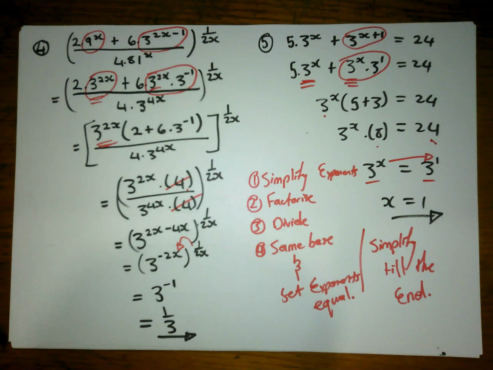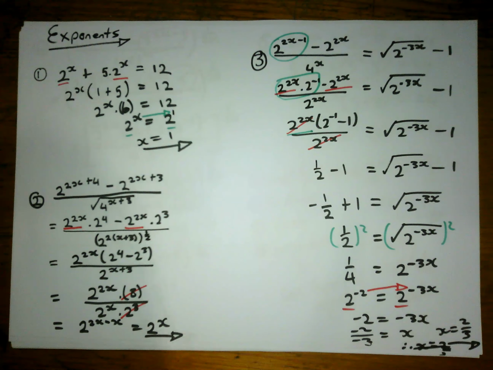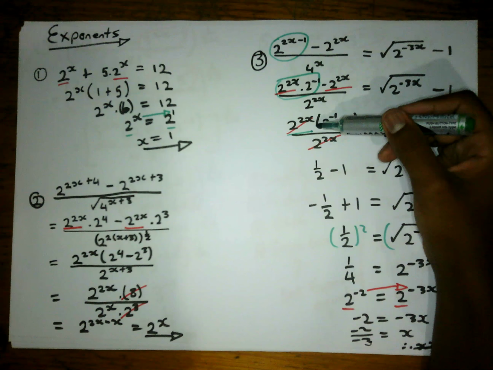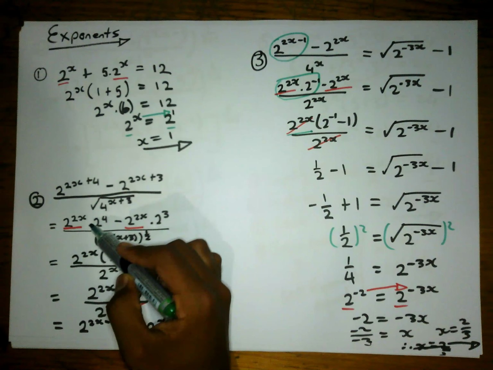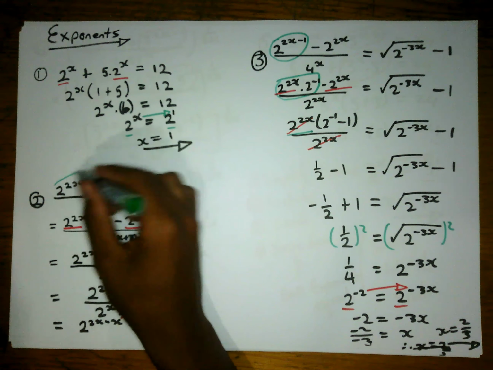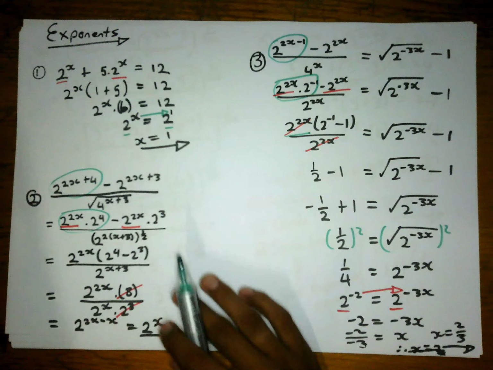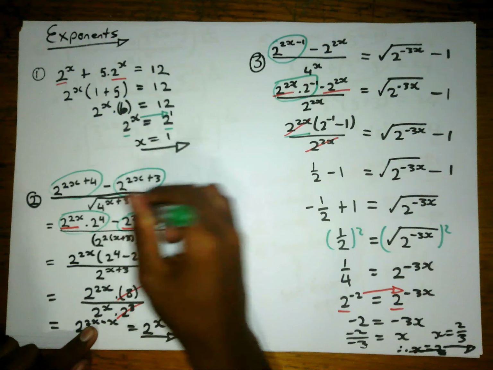If you notice in the previous questions, you're doing the same thing. We're simplifying, we factorize, we set equal to each other because the bases are the same. Here again, we simplify this over here into that over there.